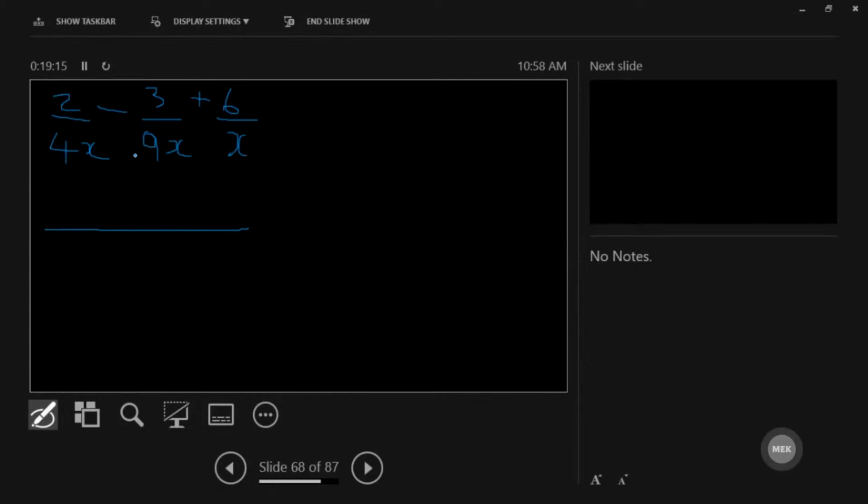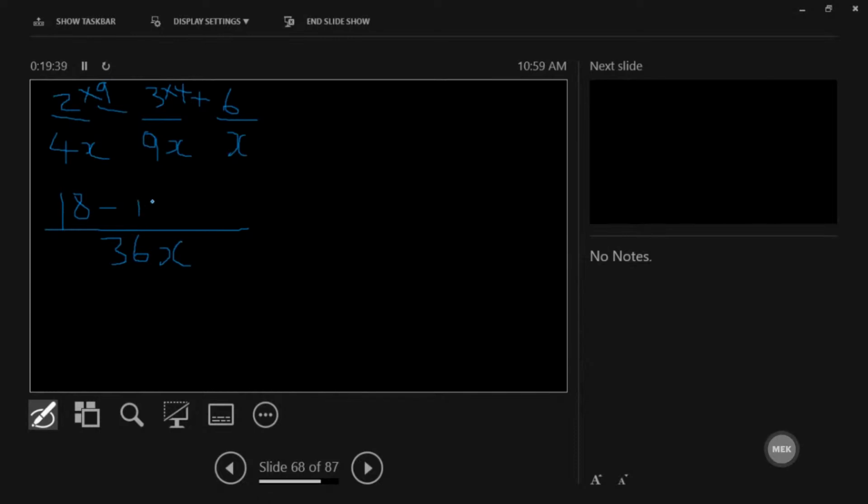So the LCM here would be 36x. And 4x into 36x goes 9. 2 times 9, 18. 9x into 36x goes 4.